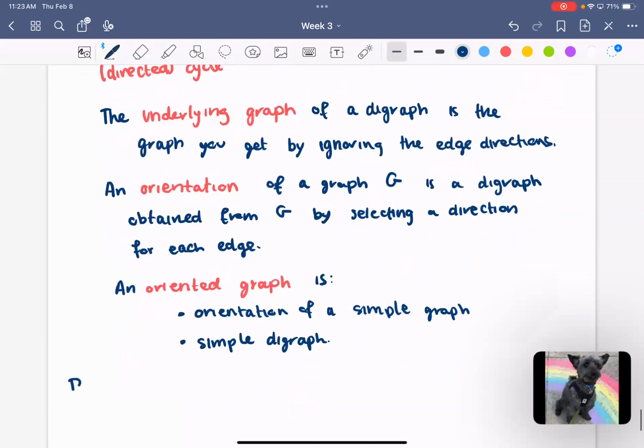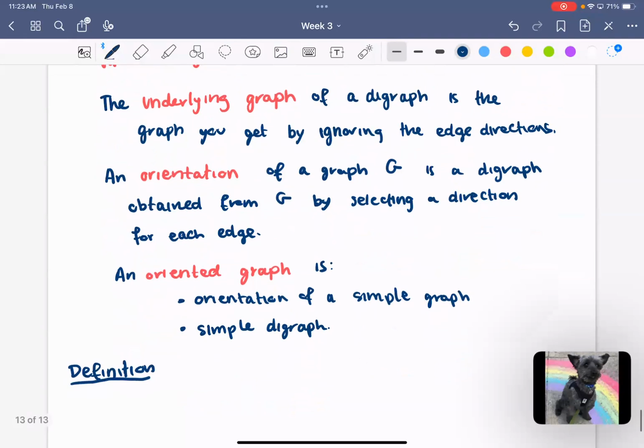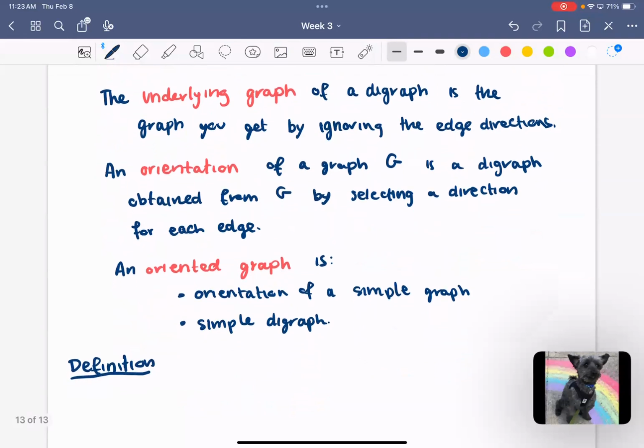So we'll say that a digraph is weakly connected if its underlying graph is connected.